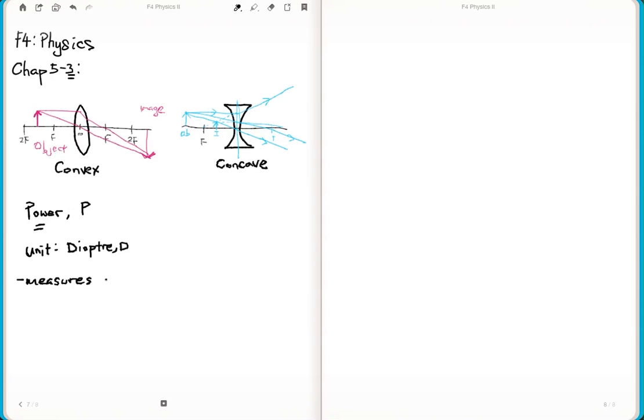It measures its ability. You may translate into BM if you want. The ability to, in this case, converge.